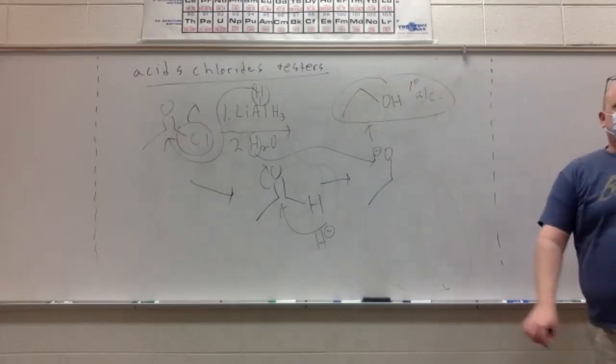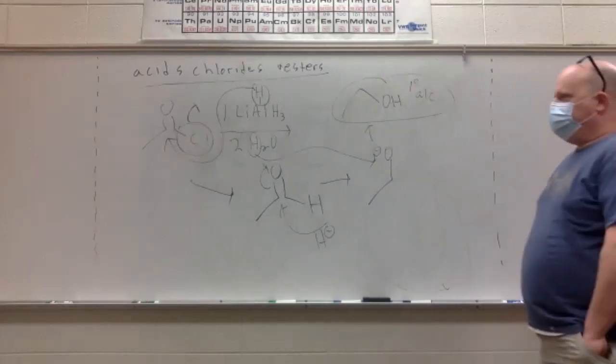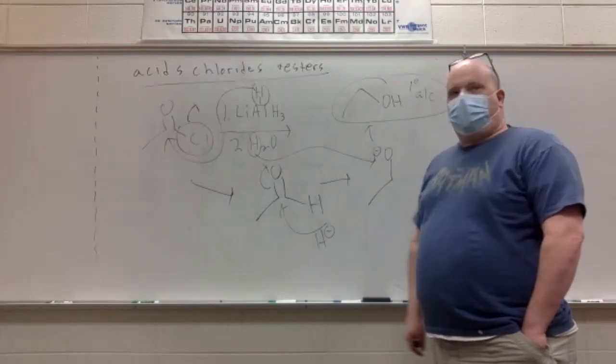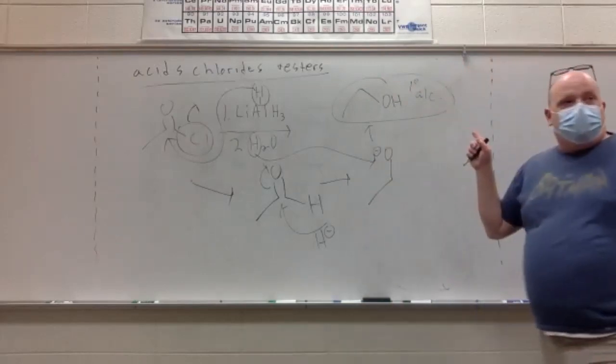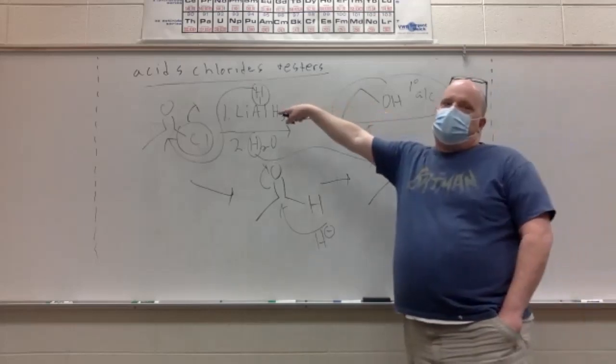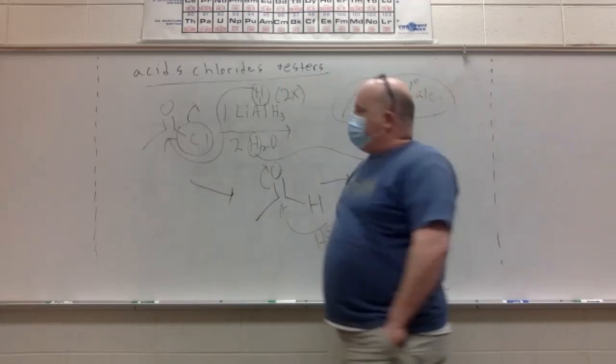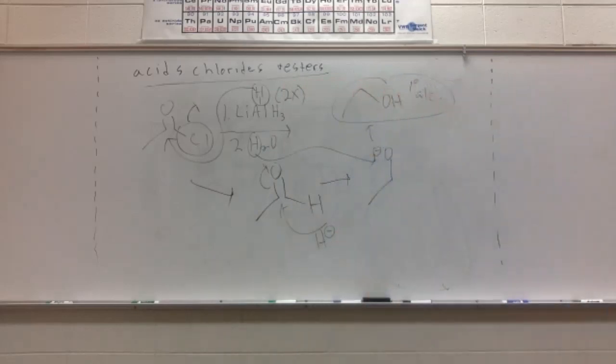Excuse me. Yes, sir. So what if you did this reaction with like a weak one? Oh, excellent question. I am going to get to that in just a minute. Y'all see why we got that? Now, strictly speaking, if you're writing your reaction scheme, you should put in 2 equivalents of that.